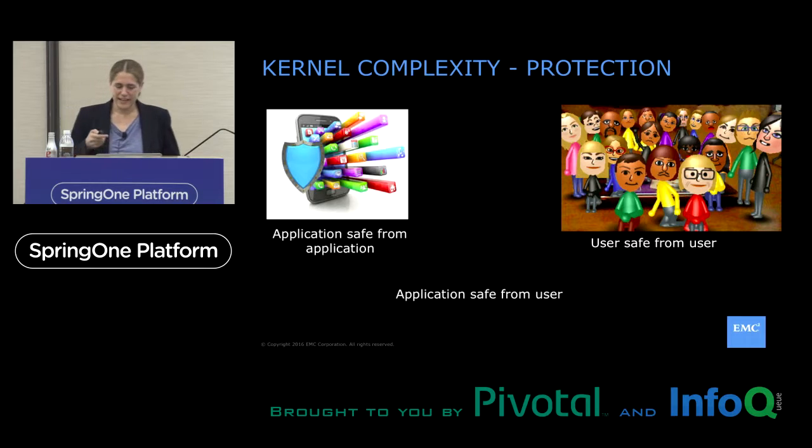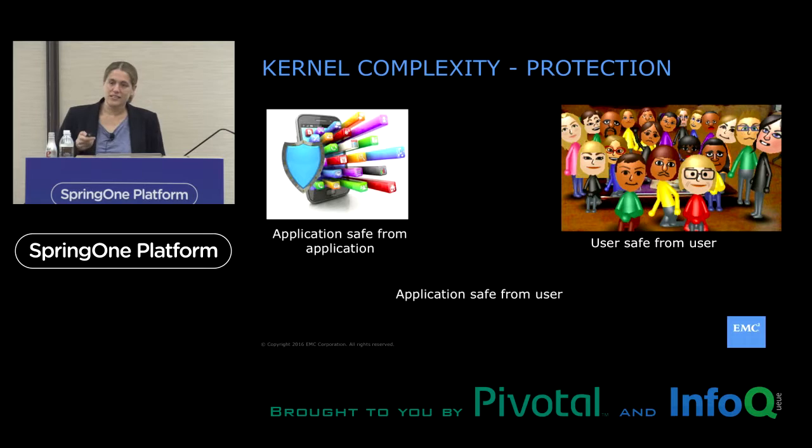And the Linux kernel that we're using today is very complicated. To understand why, you need to remember that the main reason it exists is to protect: it protects application from application, user from user, and application from user.